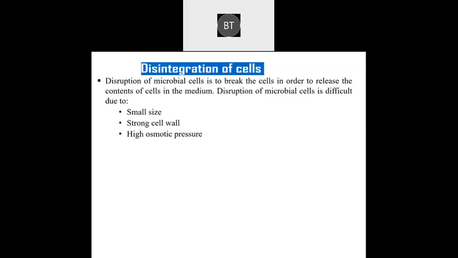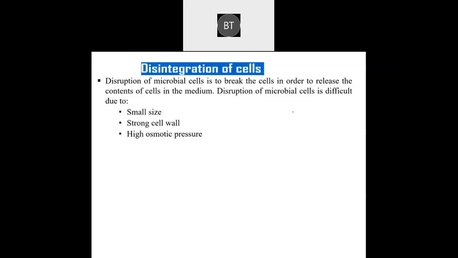Next, we have what is known as the disintegration of the cells. In disintegration of the cells, we are disrupting the microbial cell, breaking the cells in order to release their contents into the media.